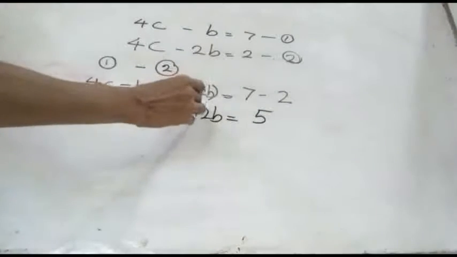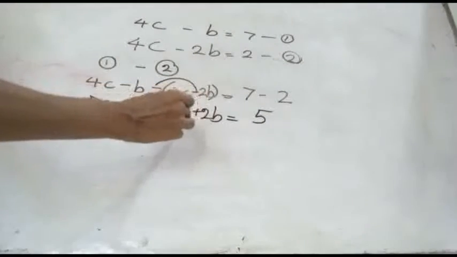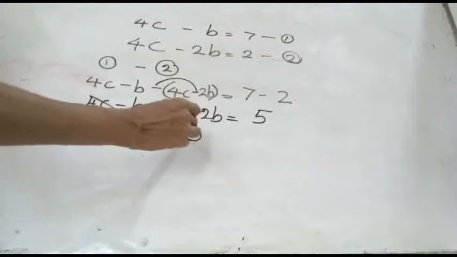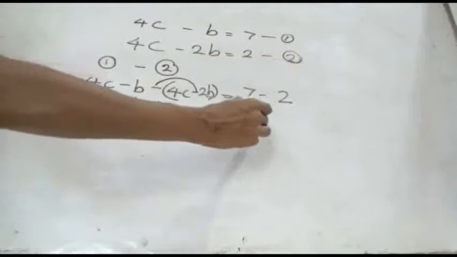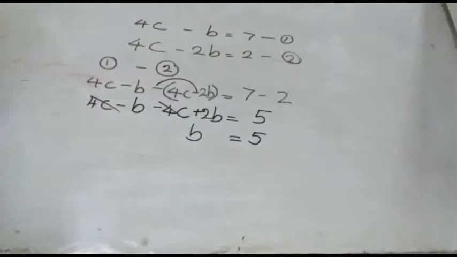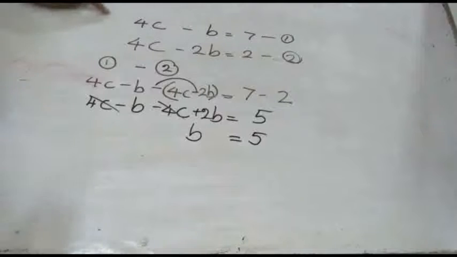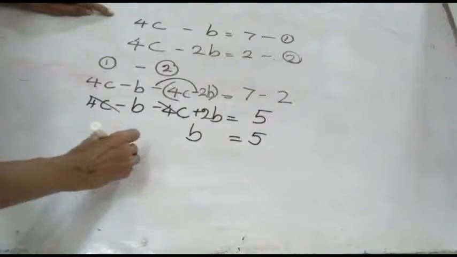Negative b plus 2b is b. So b is equal to 5.